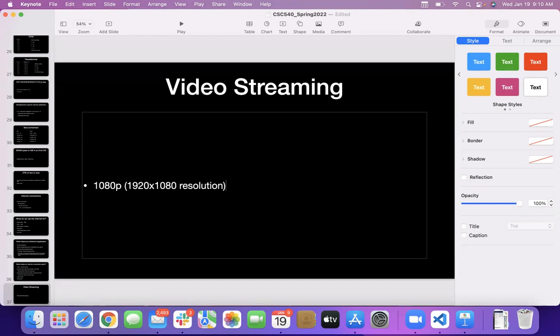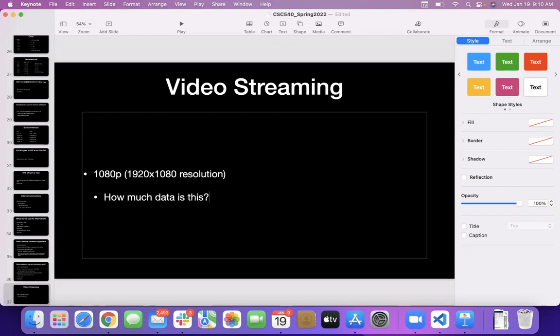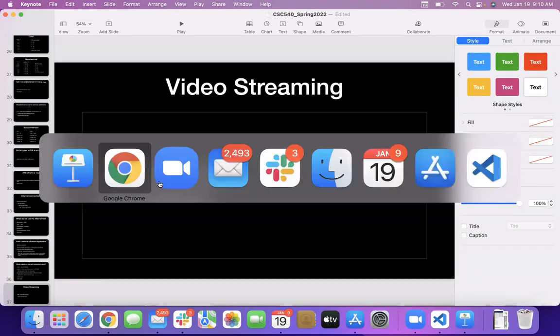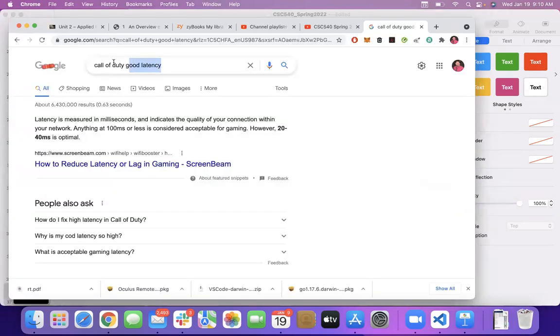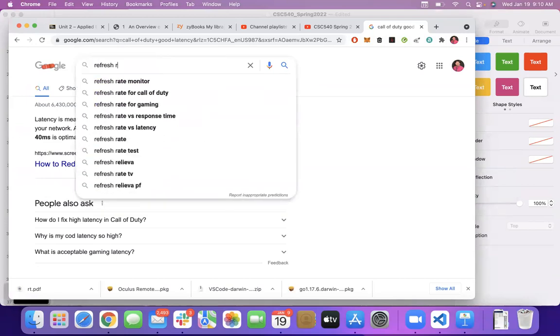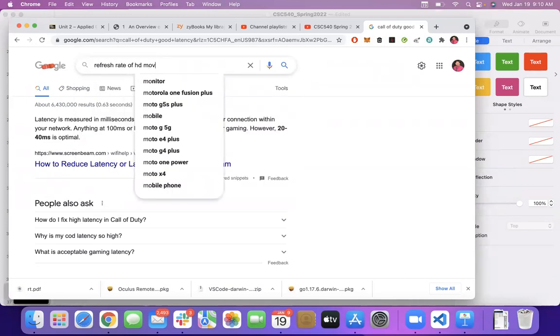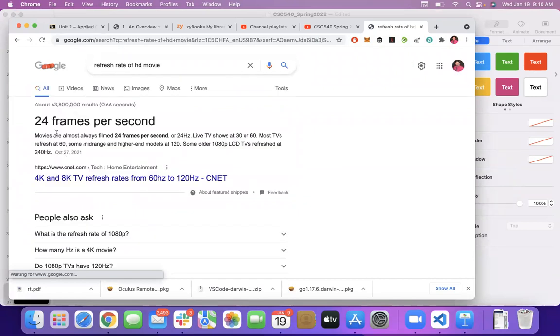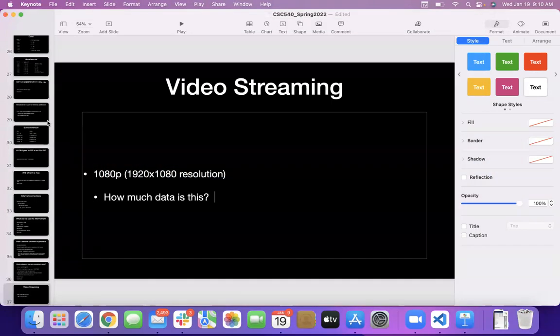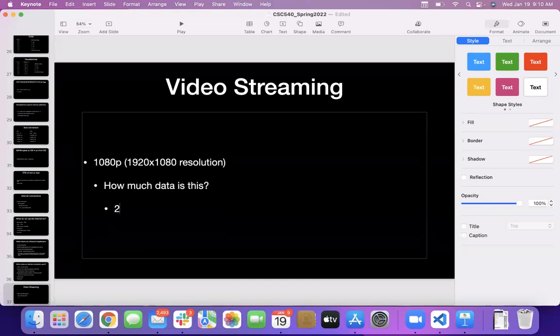Well, now we need to say, how much data is this? We need to decide what the refresh rate of our TV signal is. So let's go with the refresh rate of an HD movie: 24 frames per second.